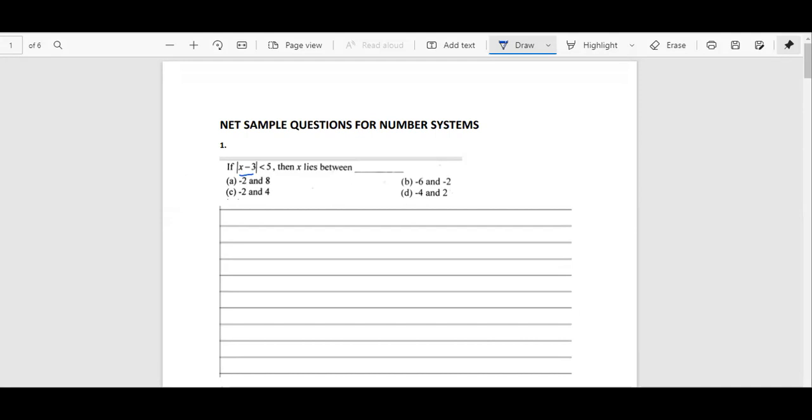We write down this inequality two times without the mod. How? This is with mod, so I will write it like this: x minus 3 less than 5. This one is as it is without the mod, and the other one is going to be a bit different. It would be x minus 3 greater than minus 5.